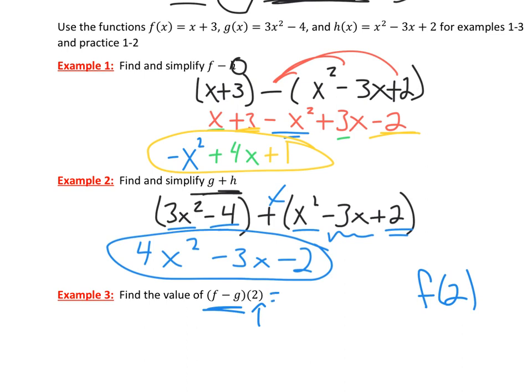Or you can also say that this means f of 2 minus g of 2. So you can find each one individually and subtract, or you can just use the equation. I personally like to use the equations, so that's how I'm going to go through it.